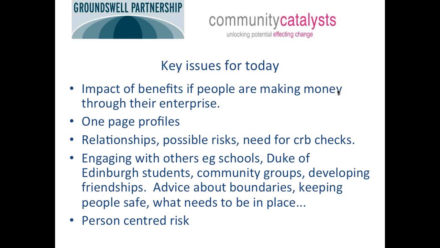The next issue is relationships, possible risks, need for CRB checks. I think the next three issues actually link because they're all about risk. And I suspect this is risk about people moving out from MacIntyre into the community. I may be wrong on that, though, so you must correct me.